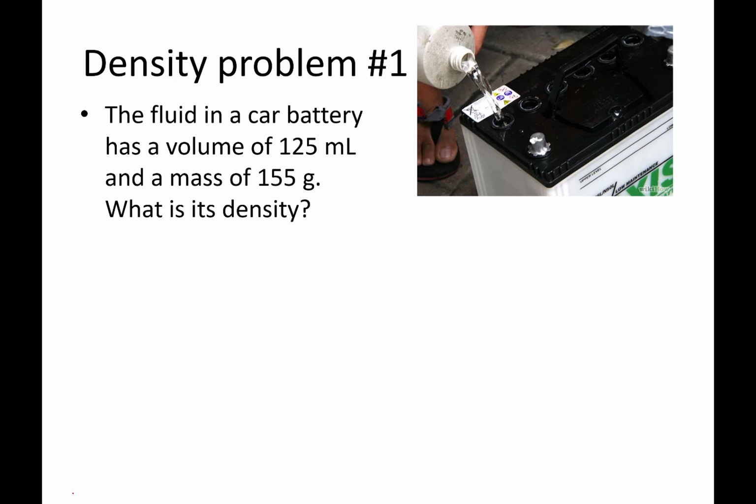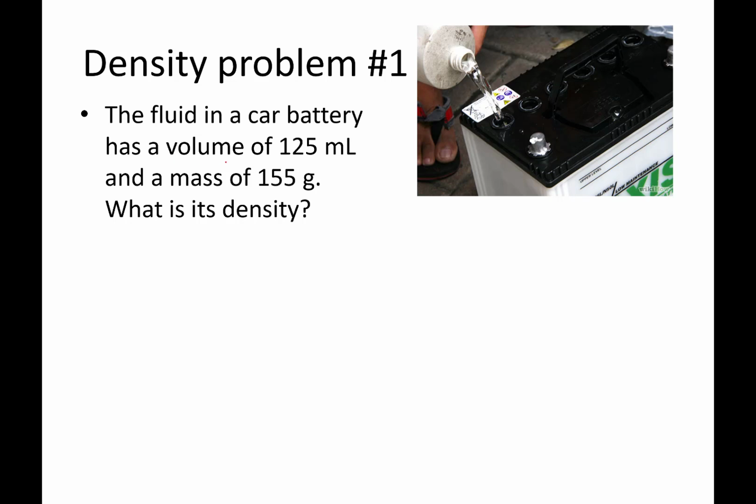First one. The fluid in a car battery has a volume of 125 milliliters and a mass of 155 grams. What is its density? When you look at a problem like this, first thing you do is read through it once. Then the second time you go through it, pull out the important pieces of information.